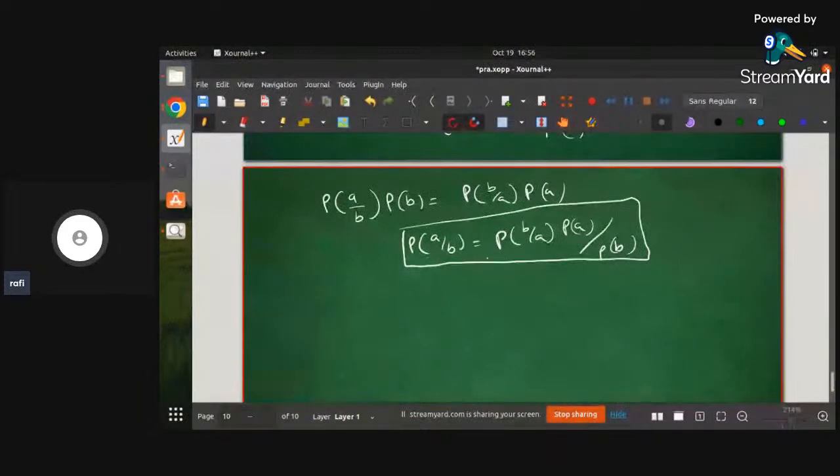What is the probability of A given B? For example, B is some observation you make when you perform an experiment, and you want to know which class it belongs to. The probability of class given observation is what we need in a classification problem.